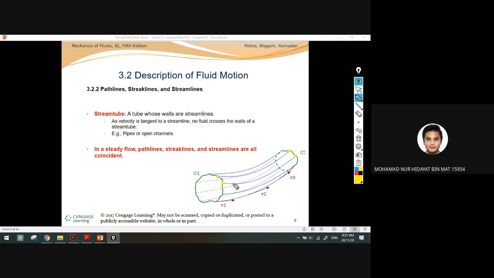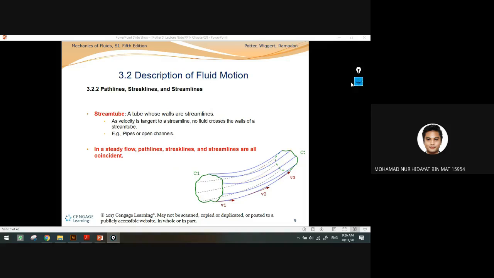So this is actually the streamline, the blue color here. Connecting these makes the stream tube. In a steady flow, remember, steady flow is where the properties are unchanged and do not depend on time.